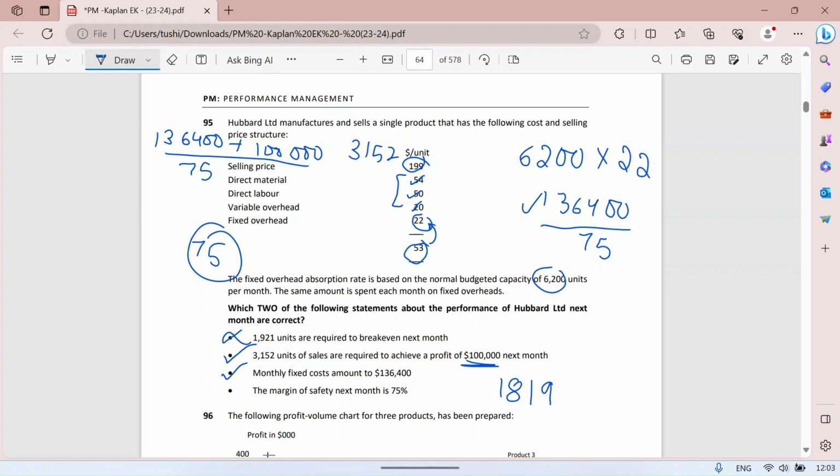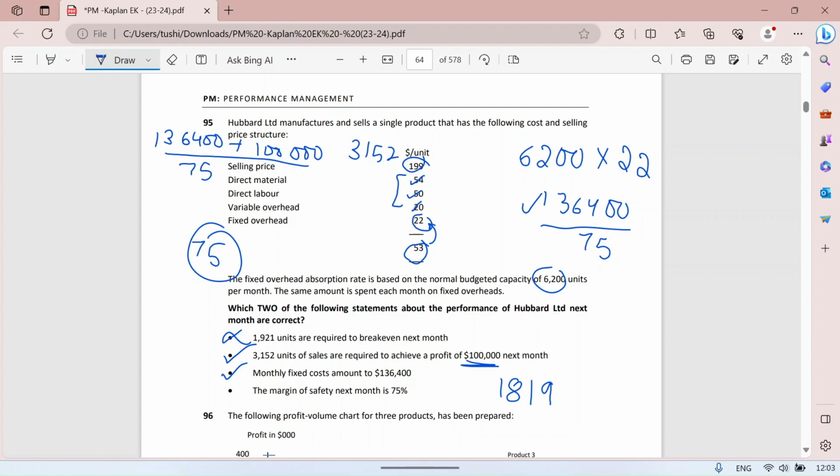Now we have to work out the margin of safety to prove why the fourth statement is wrong. Margin of safety is budgeted sales minus how much you are required to break even, divided by your budgeted sales.